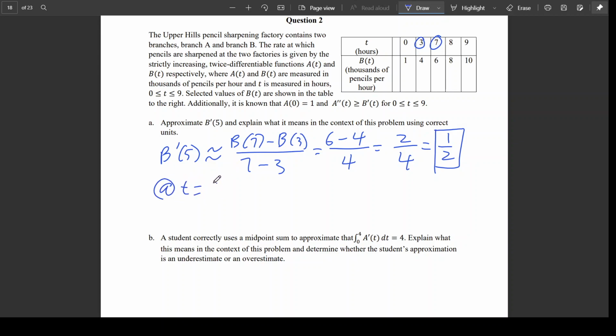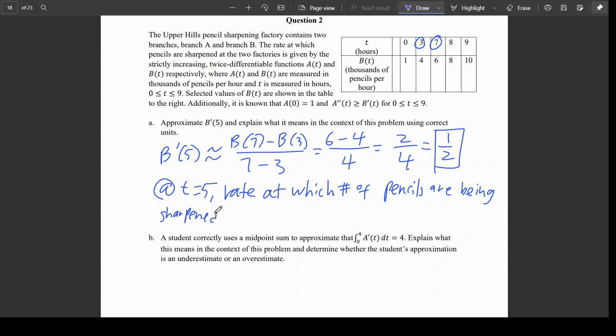So at t equals 5, the rate at which the number of pencils are being sharpened, that's b of t, right, is changing at a rate of 1/2.